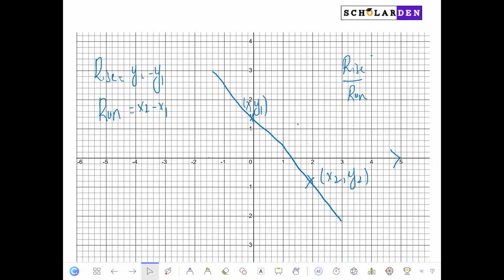If we just look at the values for y2 and y1, which value is greater? Remember that these are the values along the y-axis. So y1 is somewhere over here, and y2 is somewhere over here.